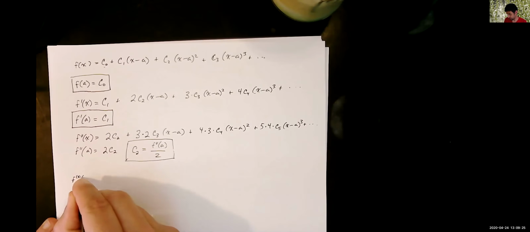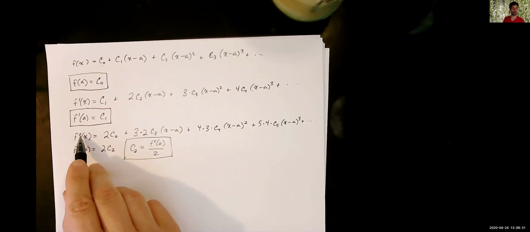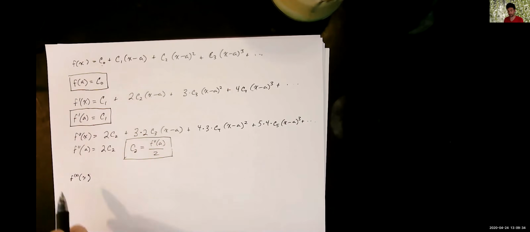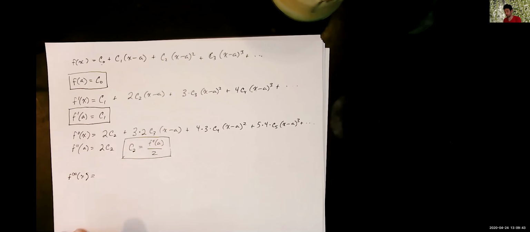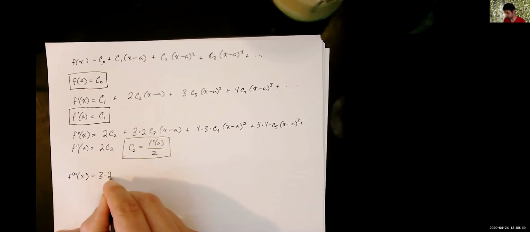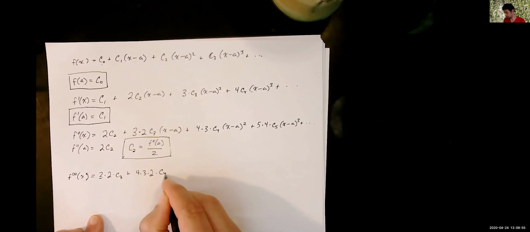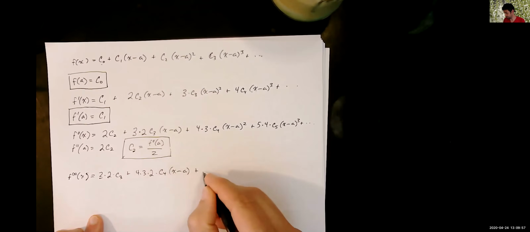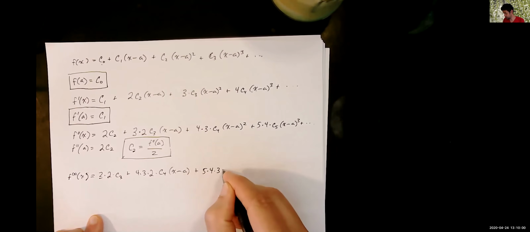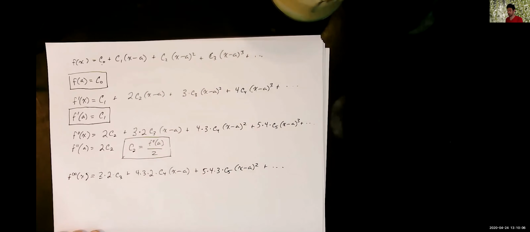I'm going to change notation just a little bit. Sometimes we'll write it this way, because there's going to be a limit to how many little prime marks I can fit up here. So I've written a little parentheses with 3 to mean the third derivative of f of x. So I'm taking the derivative of this line. The constant goes away. I've got 3 times 2 times c3 plus 4 times 3 times 2 times c4 (x minus a) plus 5 times 4 times 3 times c5 (x minus a) squared plus, and on and on and on.